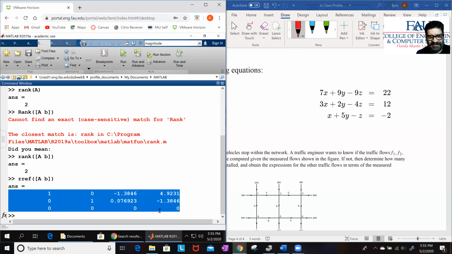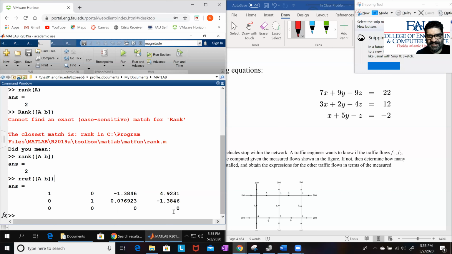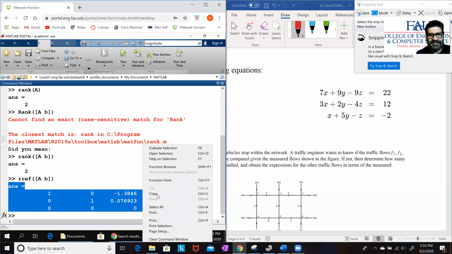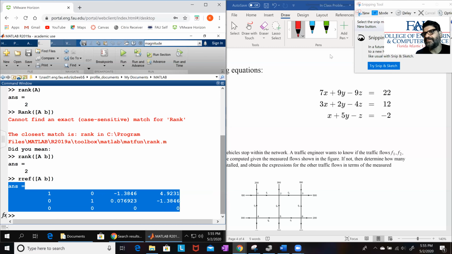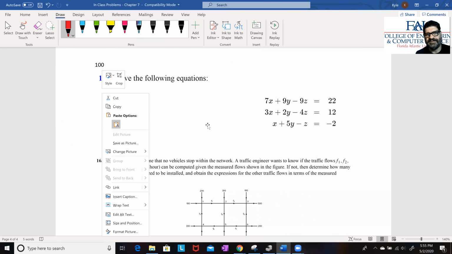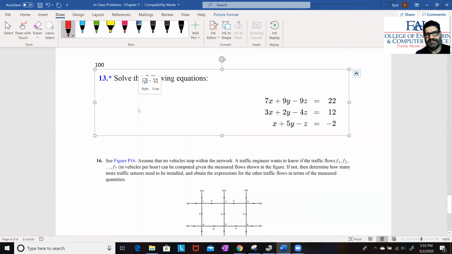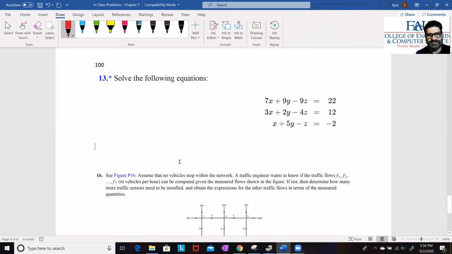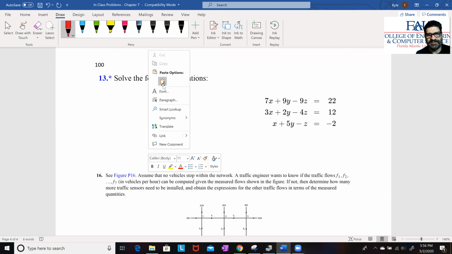What does that mean here? Let me copy that and put it in perspective here, because I really want to see what that means.